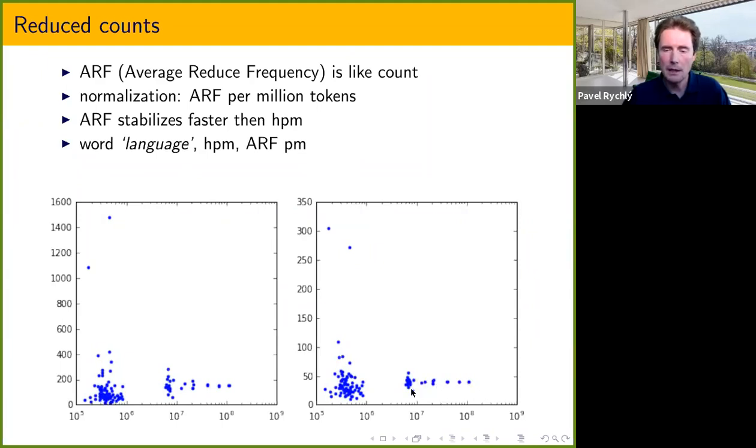And we can see that the variation of ARF per million is smaller for the same size. For tens of millions, the variance is much smaller than for hits per million. So it somehow normalizes the reduced frequency, somehow normalizes the counts.